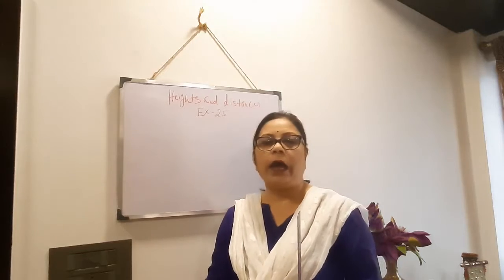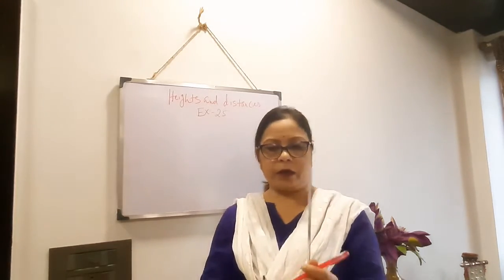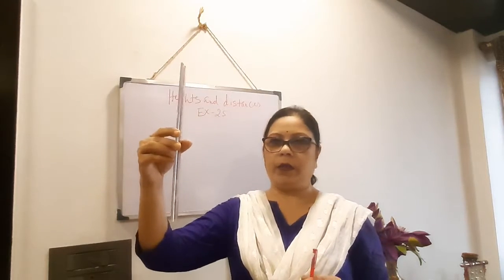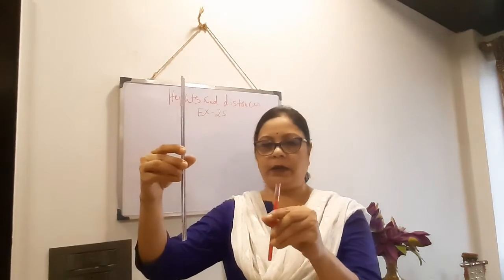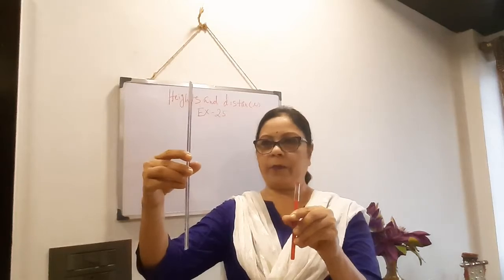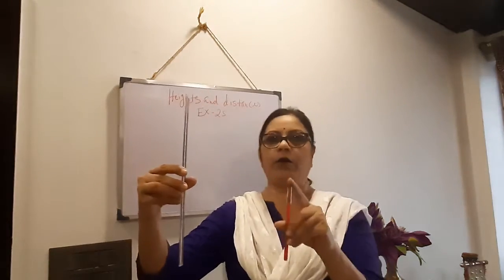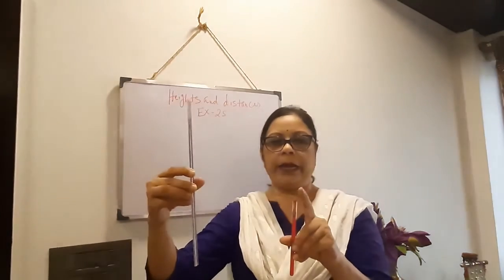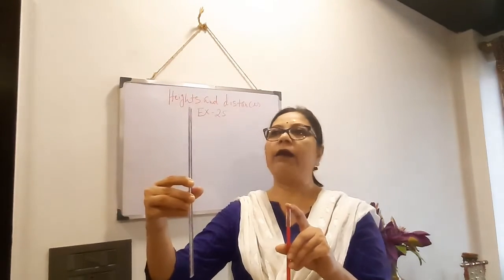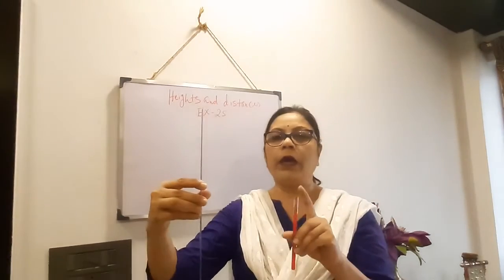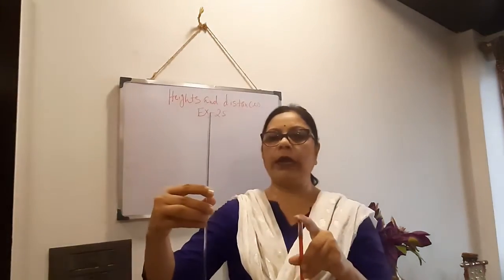What are these? Angle of elevation means, suppose there is a tower, and a person is standing at some distance from the base of the tower, and from here he is looking at the top of the tower, then his head rises upwards like this. Now this is called the line of sight.